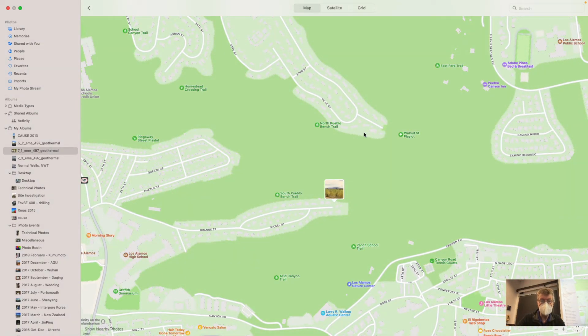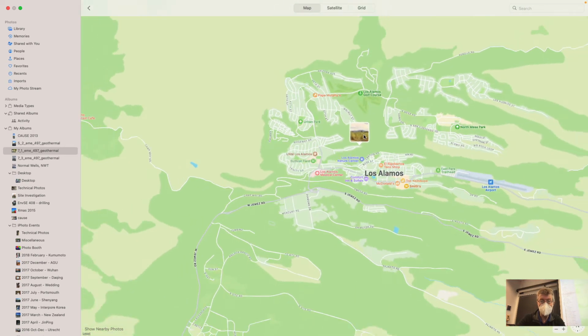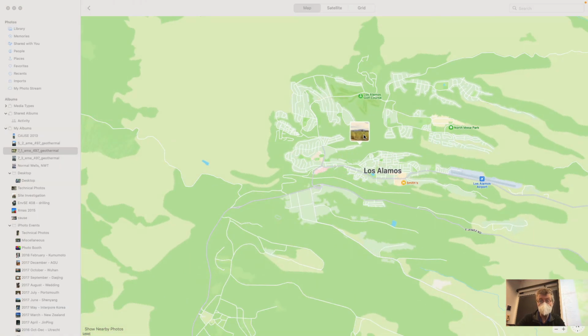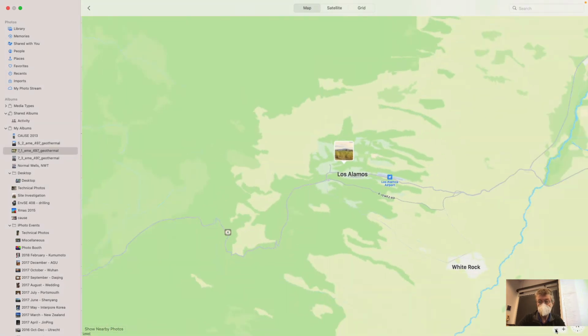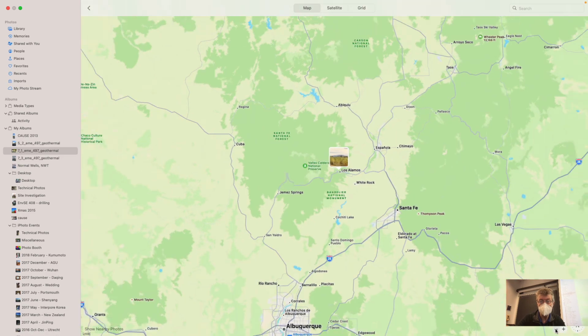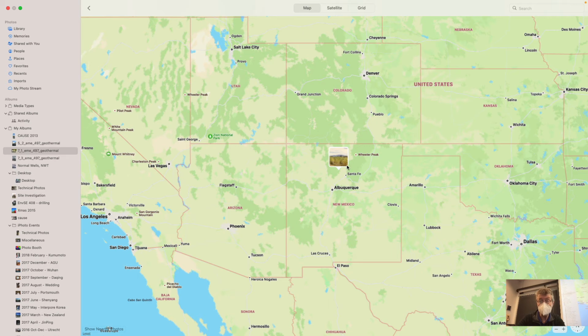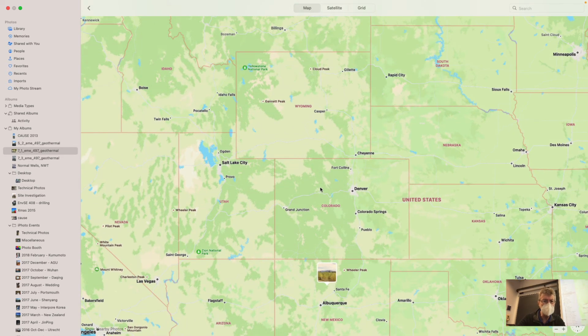This picture was definitely taken before iPhones were used, so it's been geo-referenced by me. Yeah, so it's in Los Alamos. So Los Alamos is in northern New Mexico, just north of Albuquerque, near Santa Fe, which is an artist community, and the Valles caldera. There's a big caldera, just like Yellowstone.